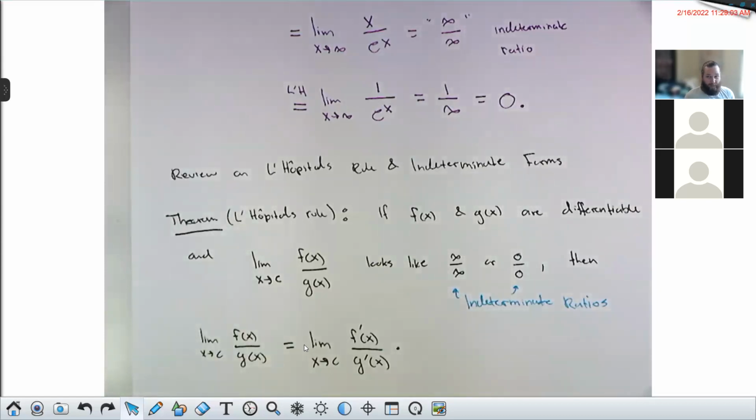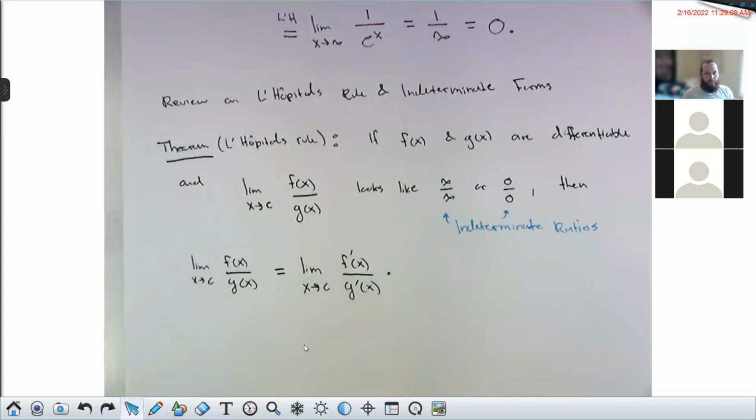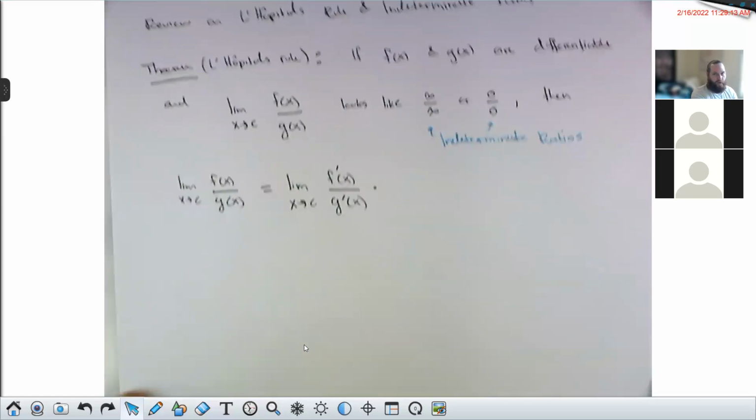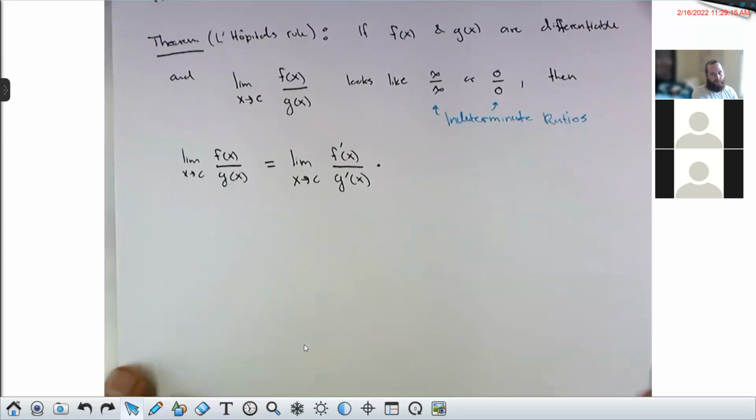There are many other kinds of indeterminate forms, and the way we handle them all is by smashing them with the algebra hammer until they look like indeterminate ratios, and then applying L'Hopital's rule. That's a mild exaggeration. There are some other things that we do, but that's the vibe, right? That's the vibe.